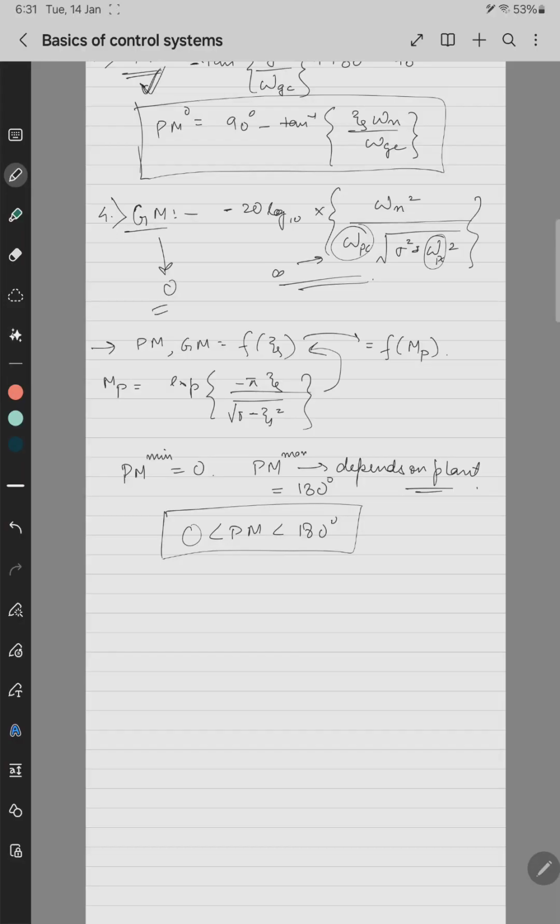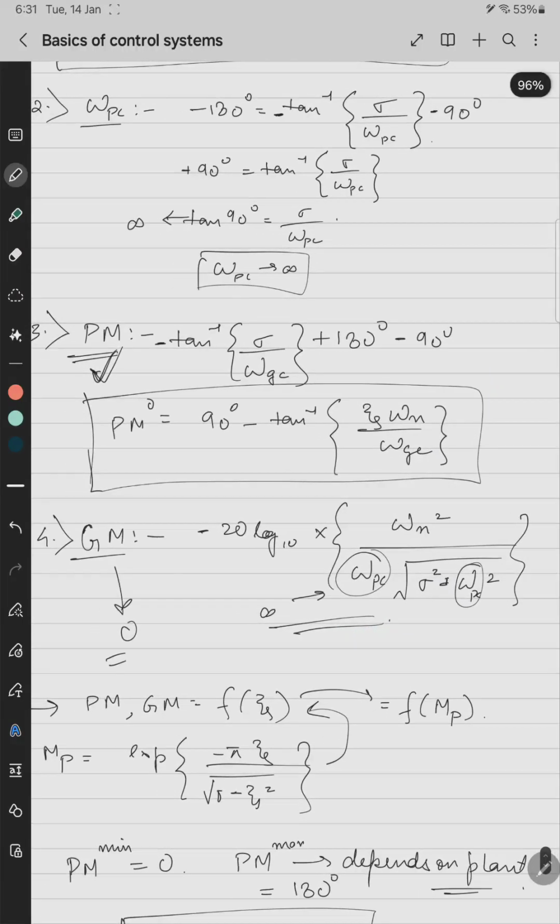The phase margin and zeta relation we have already seen, it is of some tan inverse of this thing.